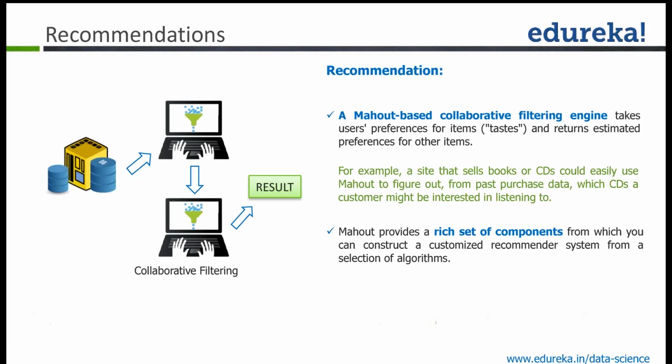So that's a context sensitive recommendation, where depending on the context, which in this case is an email that you're writing or reading, it gives you recommendations. Okay, so you'll see recommendations everywhere.